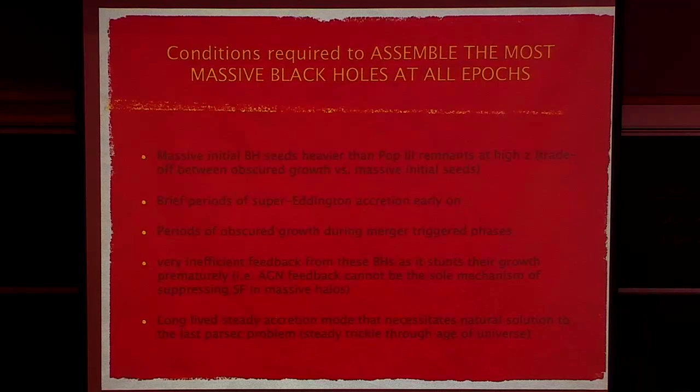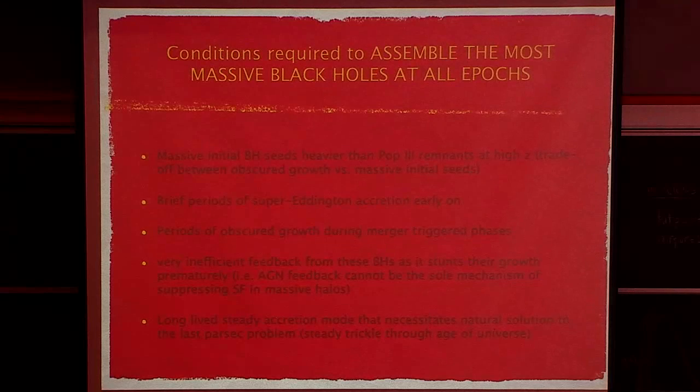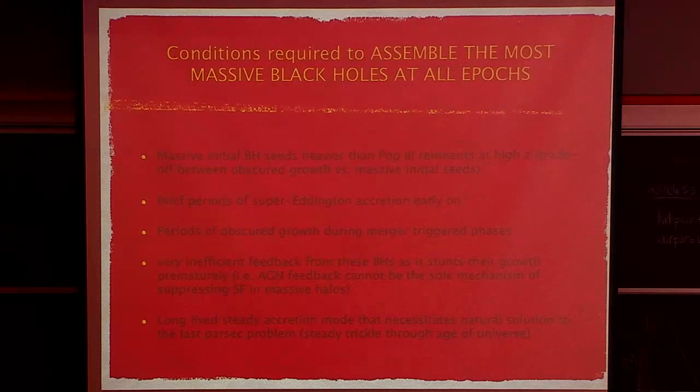But what I'm trying to say is that the last parsec problem has to have a very natural, robust solution that doesn't get disrupted too easily. Something about the geometry on the smallest, sub-parsec scales has to be a robust physical process that doesn't get easily disrupted by whatever else is happening on even 100 parsec or kiloparsec scales.